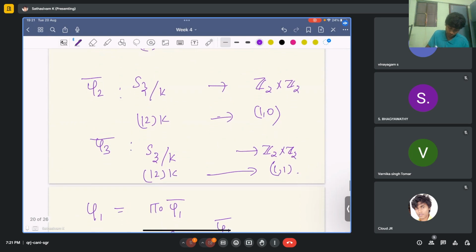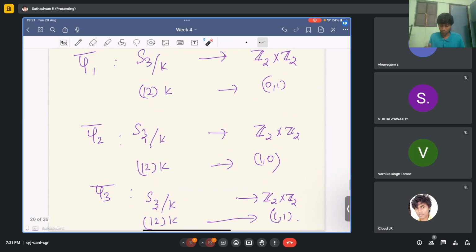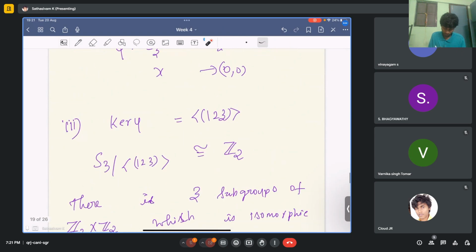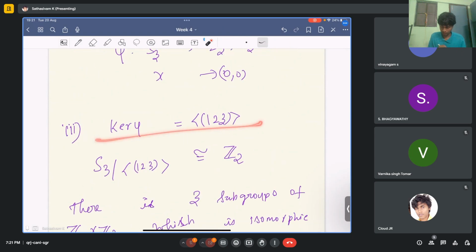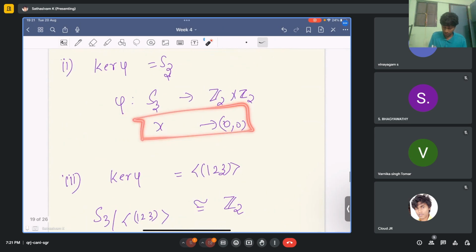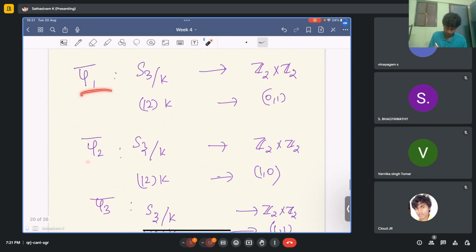Similarly, you do for these two also. So how many maps do you get? Sorry, one map when the kernel gives the trivial map, and you get three maps from here. So there are four homomorphisms.